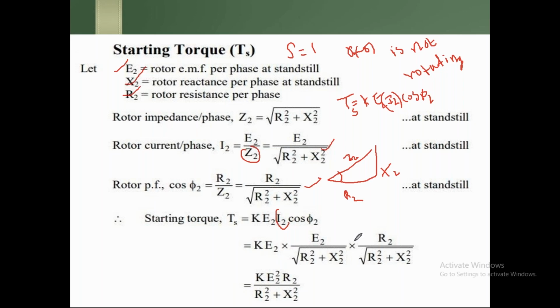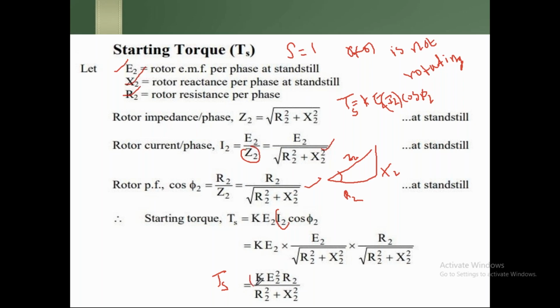Now if you multiply these two expressions, the denominators have the same factor, which is under the square root. So you will get the whole term squared, right? So square and root will get cancelled. K into E2 square R2 divided by R2 square plus X2 square. This is the torque equation at starting condition. Ts is equal to K into E2 square R2 divided by R2 square plus X2 square.